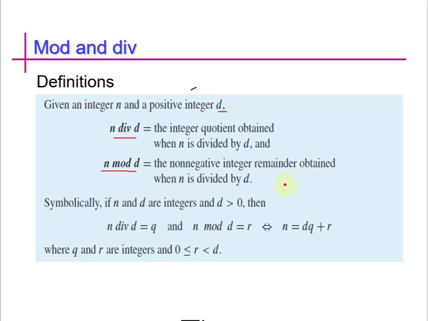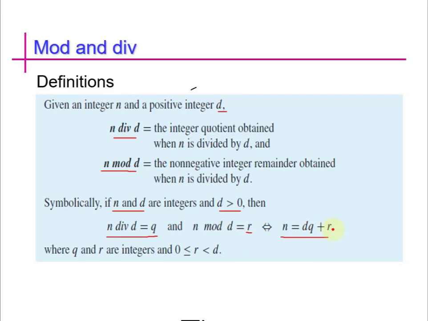Symbolically we can write it: if n and d are integers and d is positive, then n div d is equal to q and n mod d is equal to r if and only if n is equal to dq plus r.